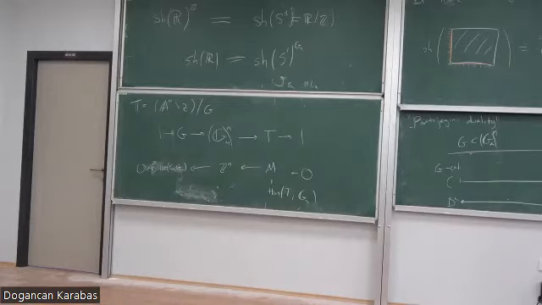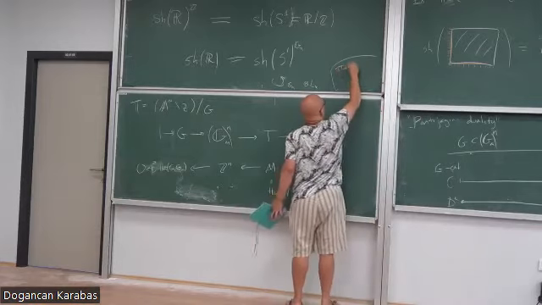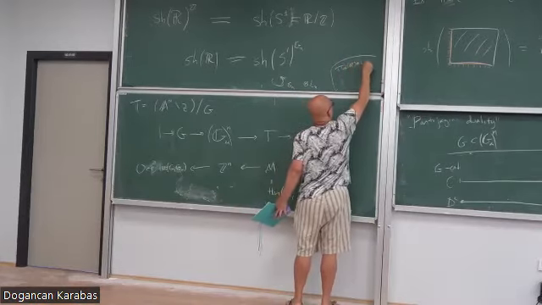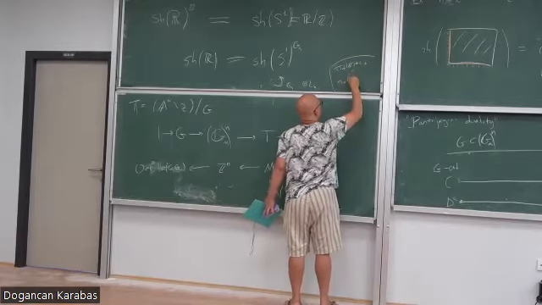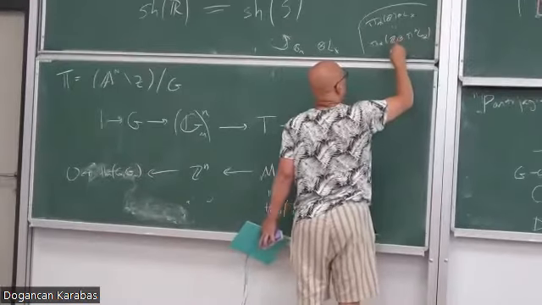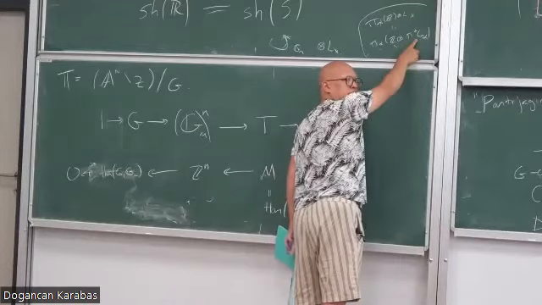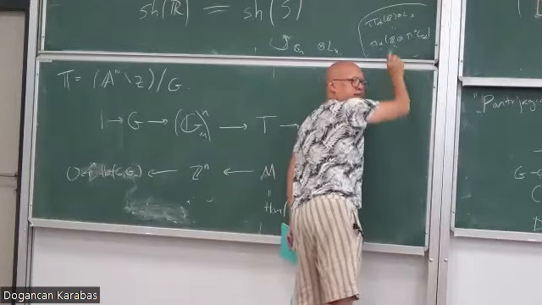By the push-pull formula, the push forward of Z tensor Al chi equals the push forward of Z tensor the pull back of Al chi, and this thing is trivial as you pull it back to R.